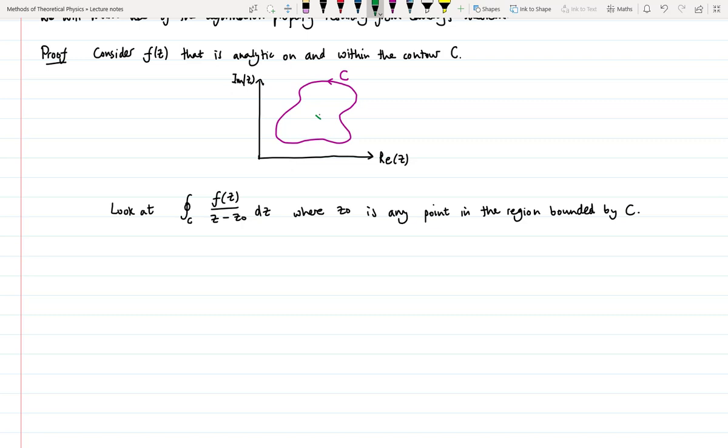Let's put z naught here. This is the point z naught, internal to the contour C.